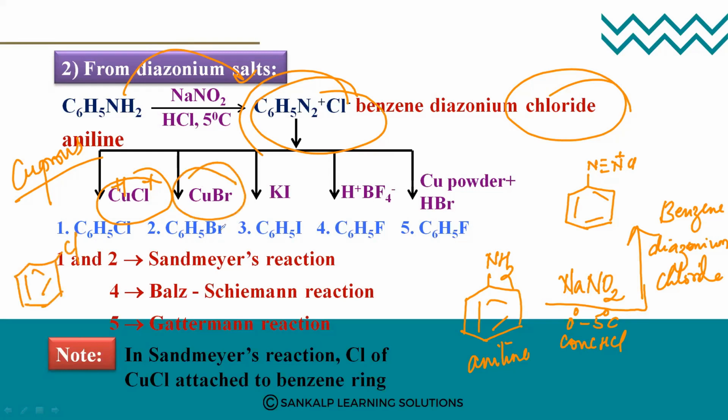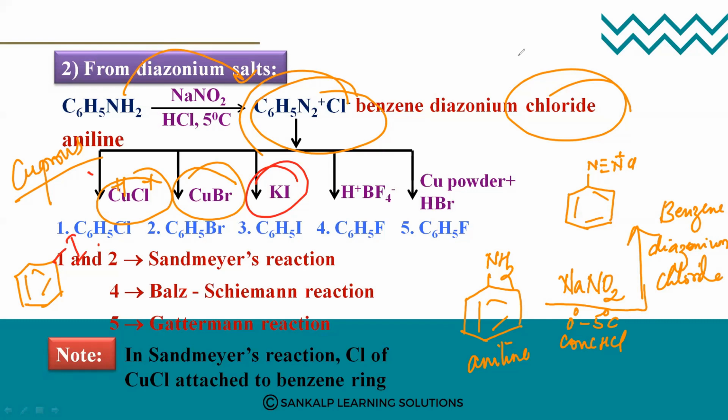If you treat it with cuprous bromide, bromobenzene is obtained. If you treat it with potassium iodide, iodobenzene is obtained.